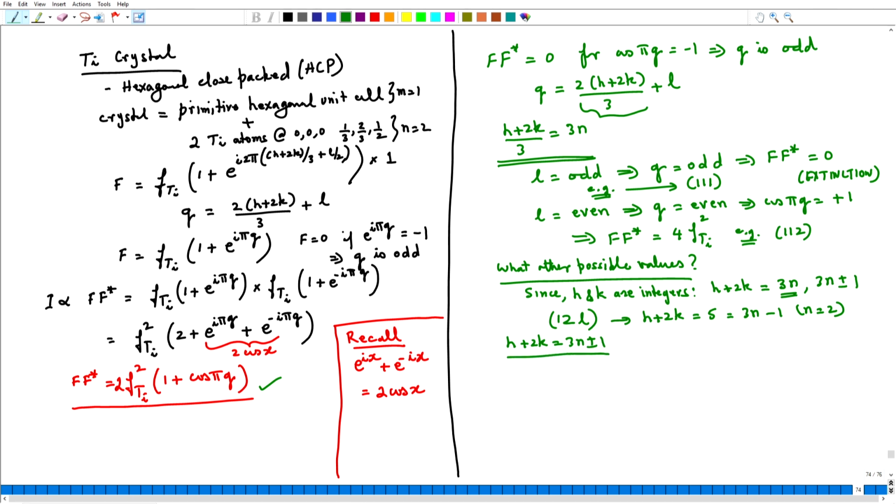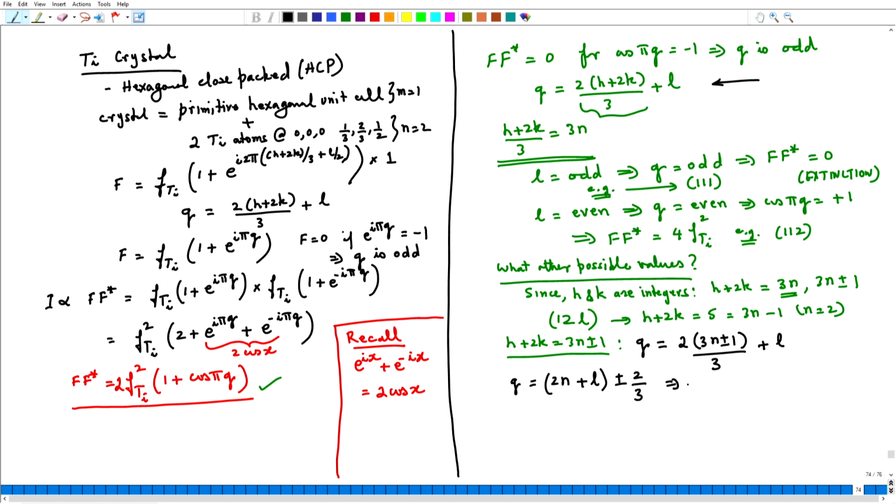If I take this, then what would be q? So q will be equal to, substitute in this, I can write this as 2 times 3n plus minus 1 divided by 3 plus L, and hence q, let us expand this a bit, I can write it as 2n plus L plus or minus 2 by 3.